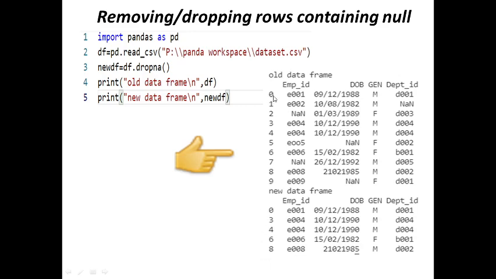So 0 index row, no NaN, so it will be there. 1 index row, NaN is there, so 1 is deleted from this and new data frame without 1 index row. Similarly for 2 index row and so on. So in new data frame we have only those rows that don't contain null.